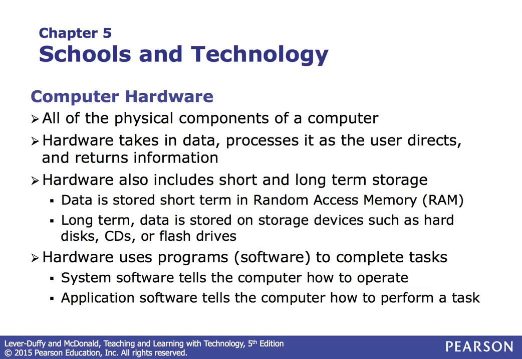Computer hardware, well, that's the box with all the wires in it, and some other things too, but the actual box that the wires and stuff are in is known as hardware, and it includes short and long term storage, also known as memory.